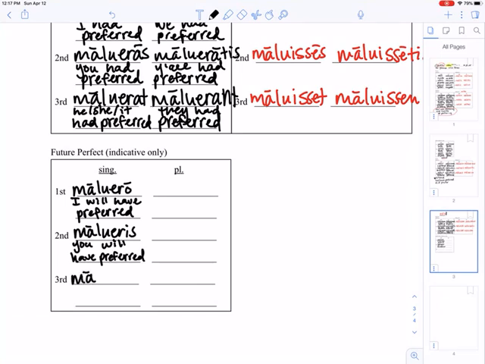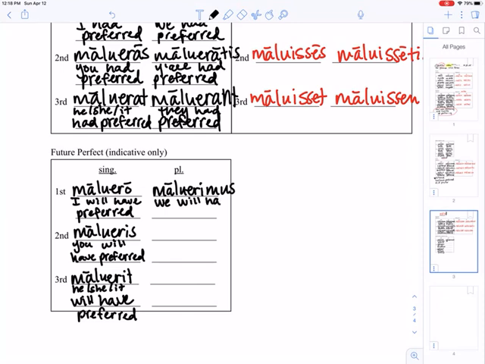Third singular is Maluerit, and this is he, she, or it will have preferred. Maluerimus, we will have preferred. Oh, let's fix that because that's not going to work. There we go.